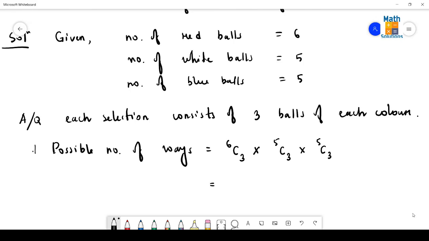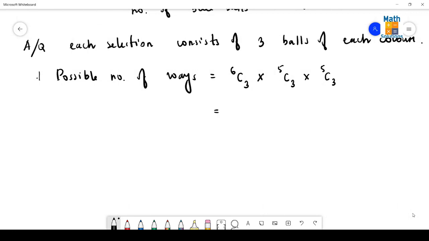So let us break it. After simplification, what result should we get? Let us check. Factorial 6 by factorial 3 into factorial 3, into factorial 5 by factorial 3 into factorial 2, into again factorial 5 by factorial 2 into factorial 3.